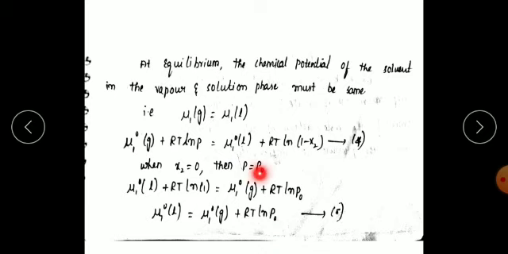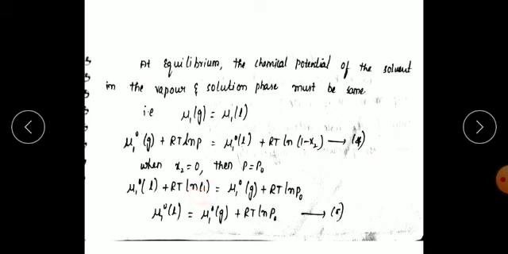This condition replaced in equation 4, we get mu1 naught G plus RT ln P naught equals, here ln P naught is obtained when P is replaced with P naught, mu1 naught L plus RT ln (1 minus X2). Here X2 is 0. That's why we get ln (1 minus 0). 1 minus 0 is nothing but 1.